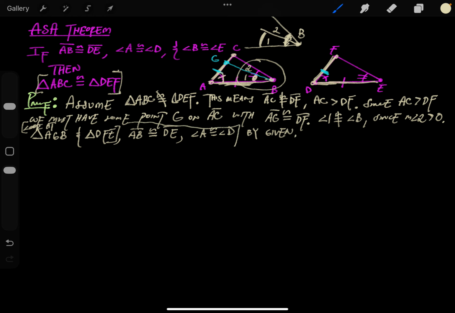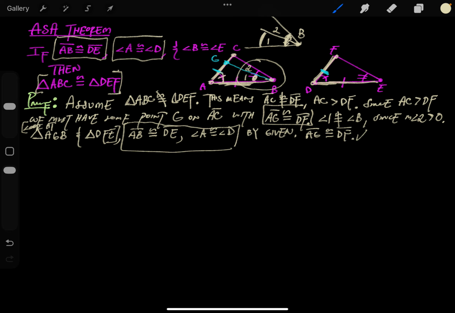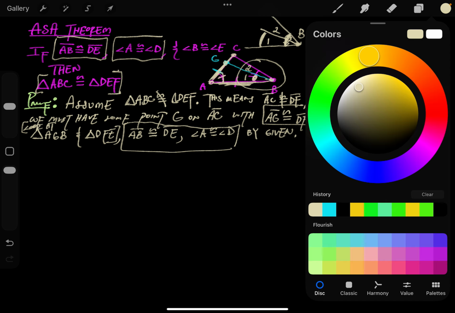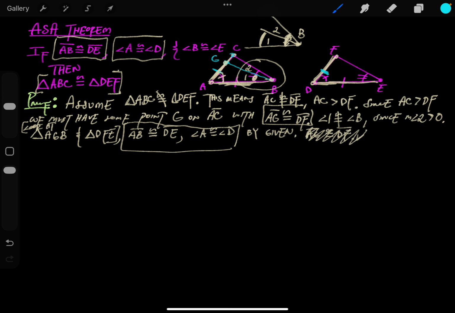Look, these two are right here. AB is congruent to DE, and A is the same as D. And we drew this up so that AG would be the same as DF. We just said that, so we don't even need to write it again. This side is the same as this side, this angle is the same as this angle, and then this side is the same as this side.